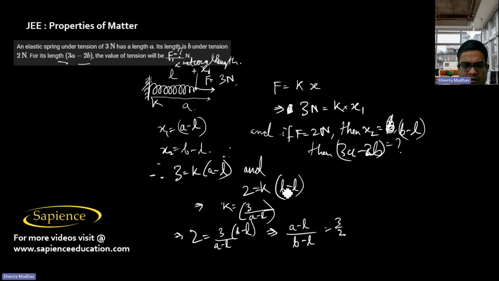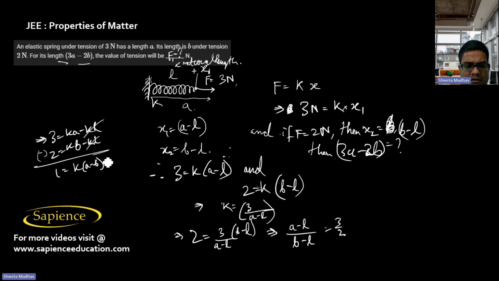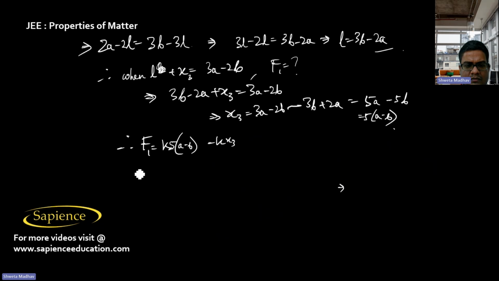Now, we have 3 is equal to Ka minus Kl and 2 is equal to Kb minus Kl. If we subtract these two, then we get 1 is equal to K into a minus b, as these two get cancelled. So K into a minus b is equal to 1 only.